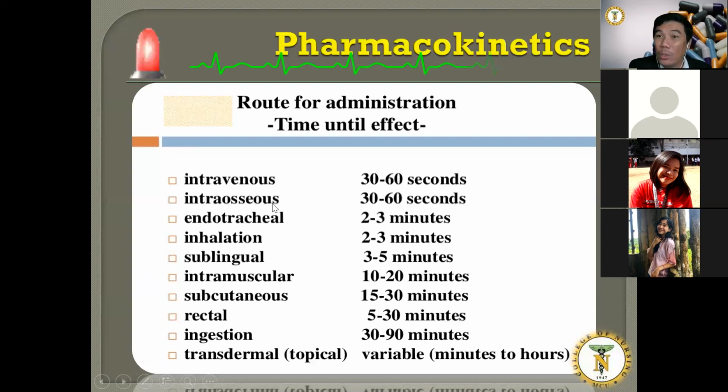Intraosseous, direct to the bone marrow, 30 to 60 seconds. What is our rationale why it took only 30 seconds to reach its peak concentration level? Because when you are considering this route of administration, the drug will immediately have peak concentration level and it reaches immediately the plasma.